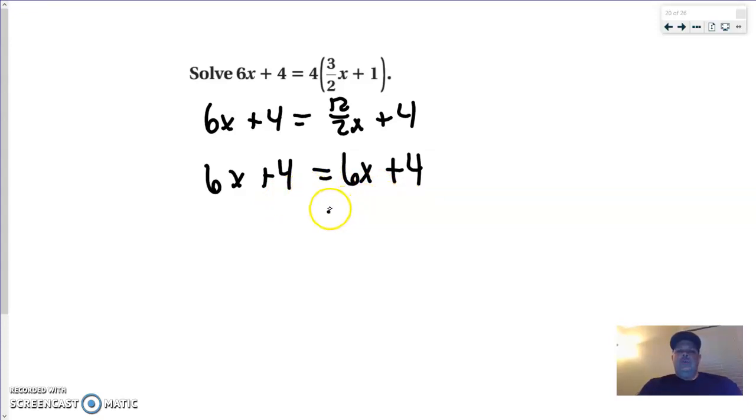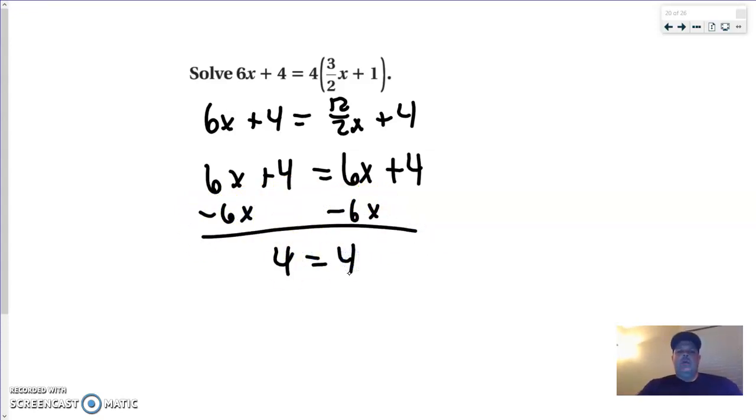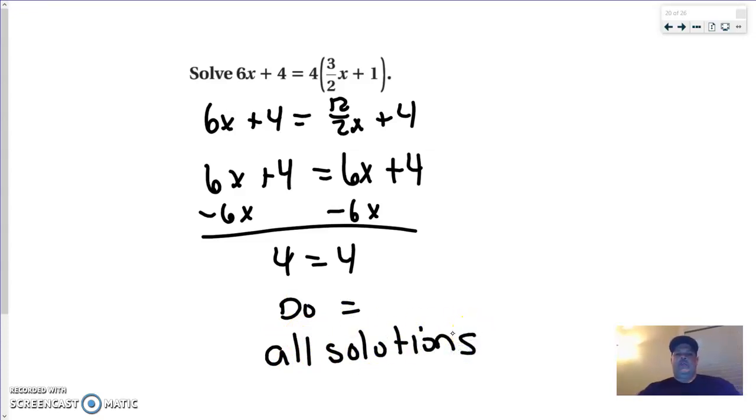So what we would do is we would subtract 6x from both sides. We would get 4 equals 4. Since they do equal, then all solutions are possible. Every single number we put in for x will solve that problem.